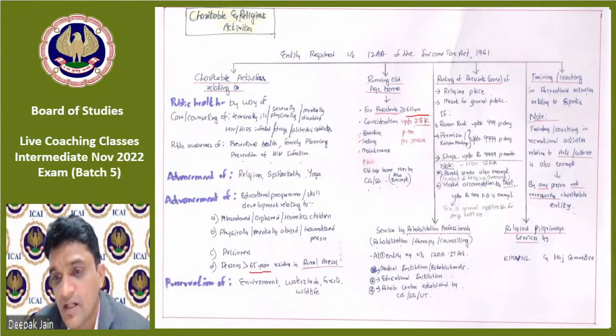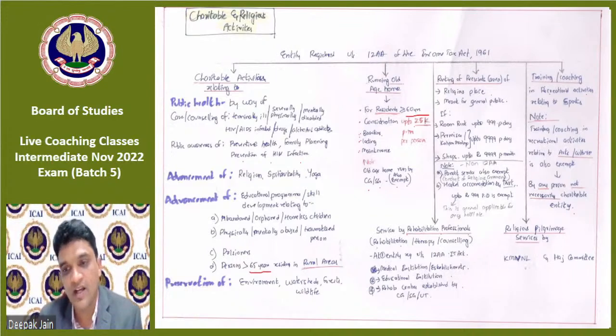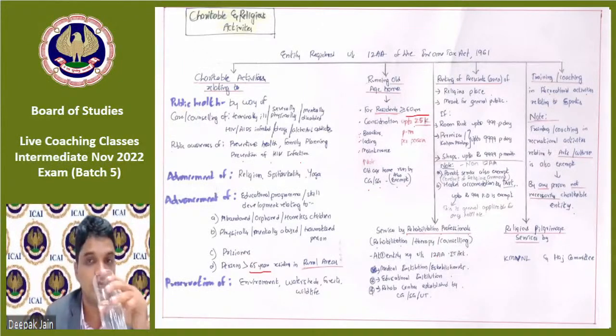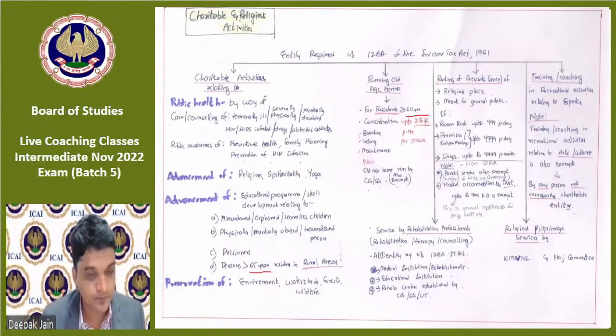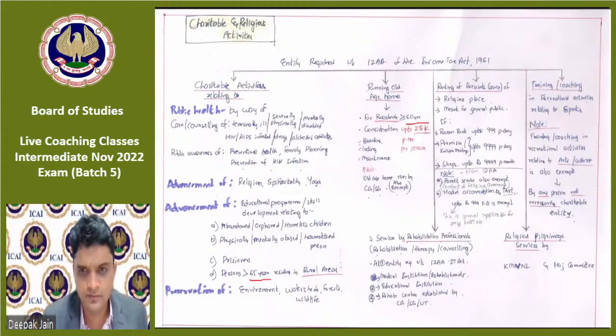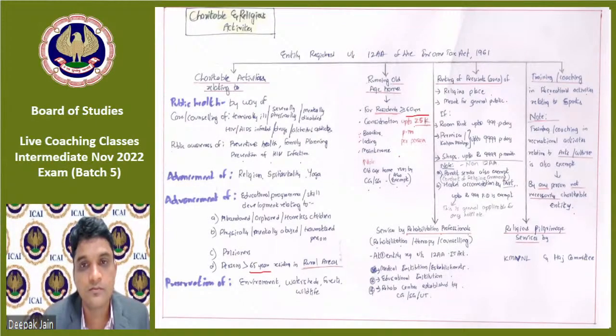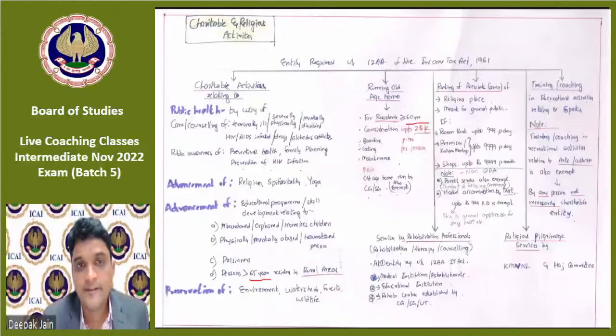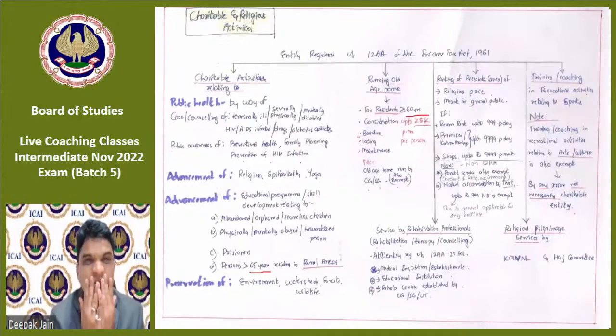Then services for pilgrimage conducted by Kumaon Mandal Vikas Nigam Limited and Hajj Committee are exempted. This is in a nutshell the total exemption for charitable or religious activities.